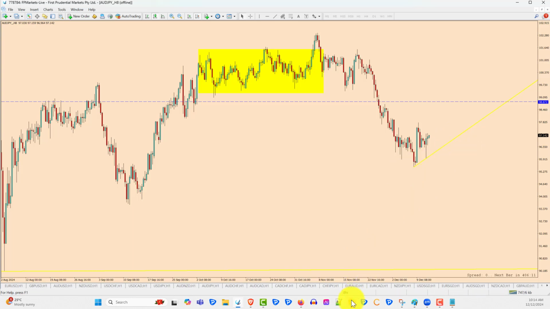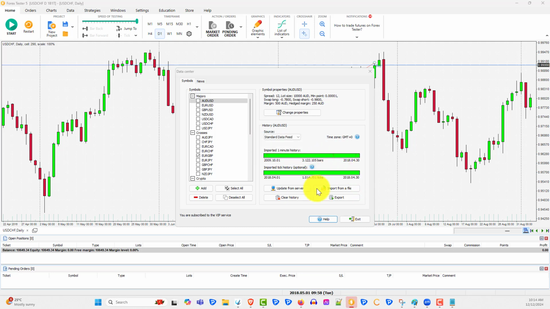Oh, do I have our data? Completed. Okay, cool. Now we've got negative swap on both sides, which is great. Excellent. Okay, exit.